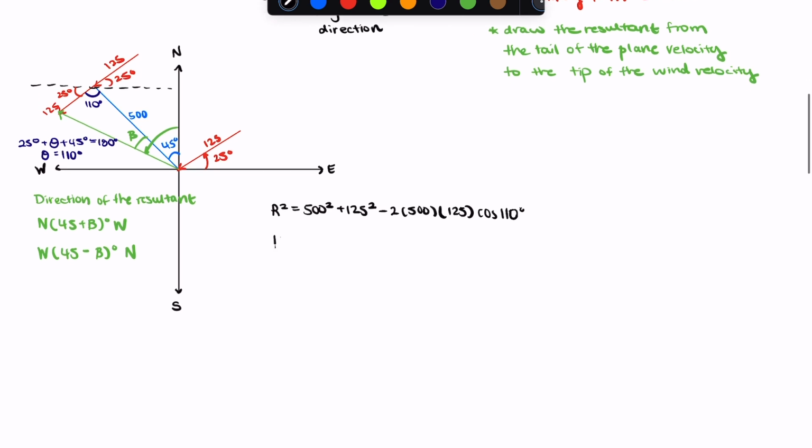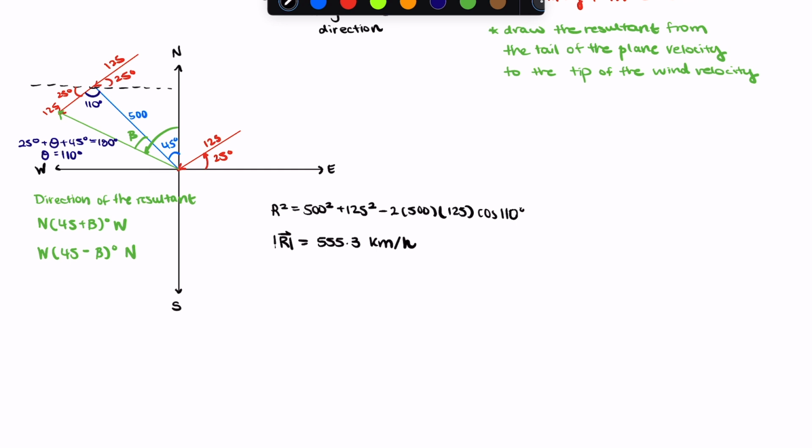We get that the magnitude of our resultant vector is 555.3 kilometers per hour.